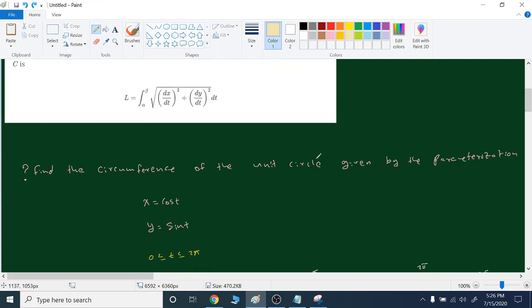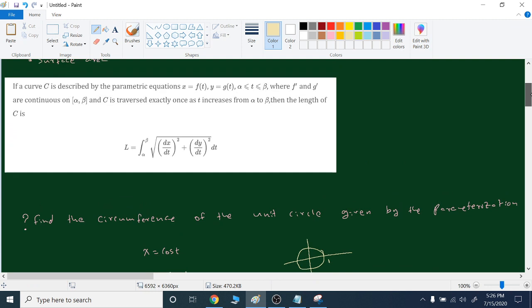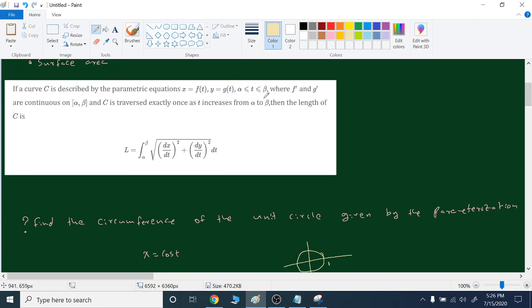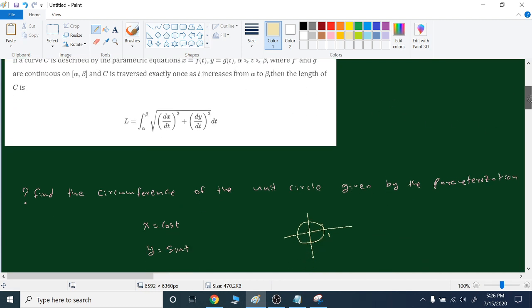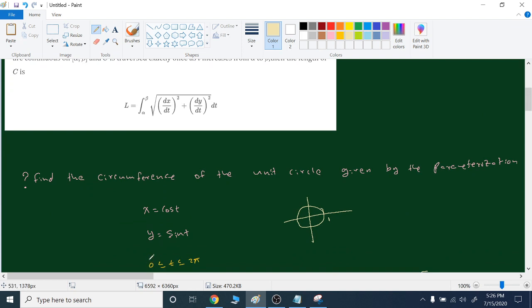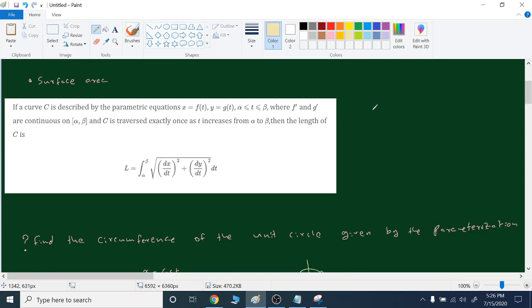we can represent the unit circle, that means the circle with radius 1, right? And if the two limit points are the coordinates with which the parameter runs, mentioned as alpha and beta, with the derivatives to be continuous.